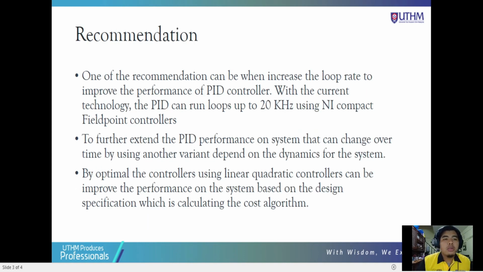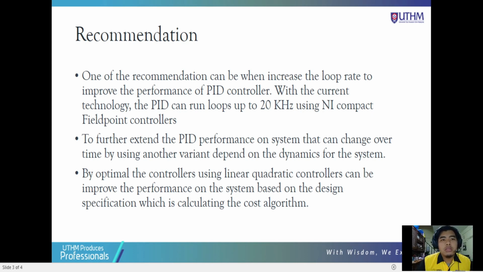For the recommendation, one recommendation is to increase the loop rate to improve the performance of the PID controller. With current technology, the PID can run loops up to 20 kHz using NI CompactRIO controllers.